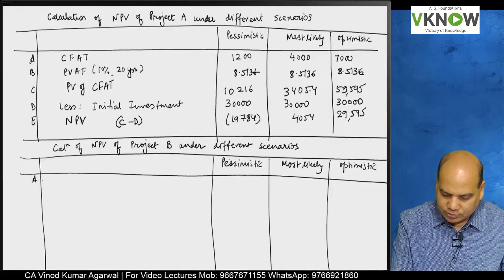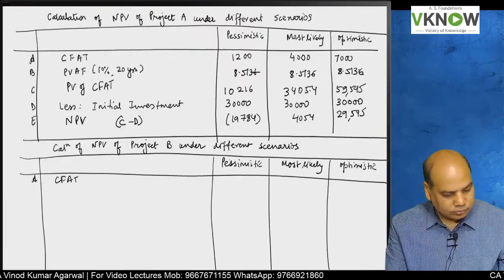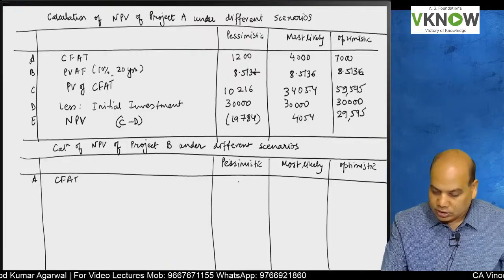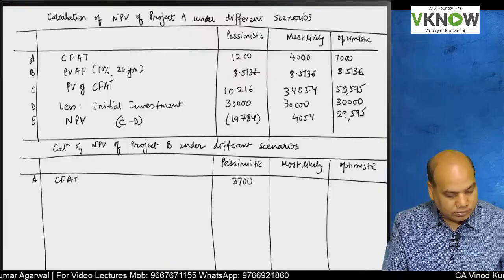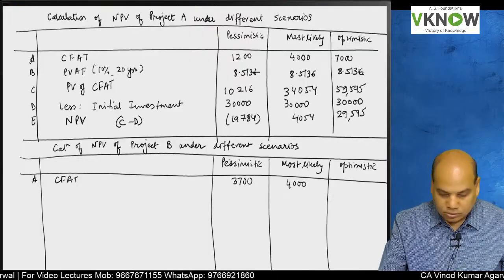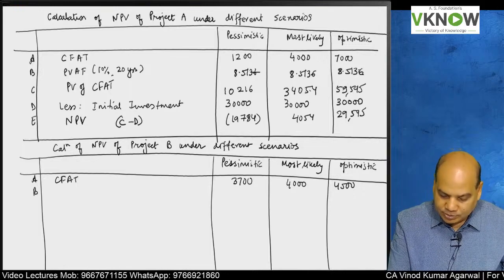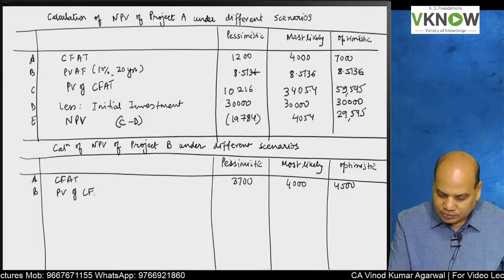First point A, CFAT. Here the answer is 3700, 4000, 4500. Point number B, PV of CFAT.